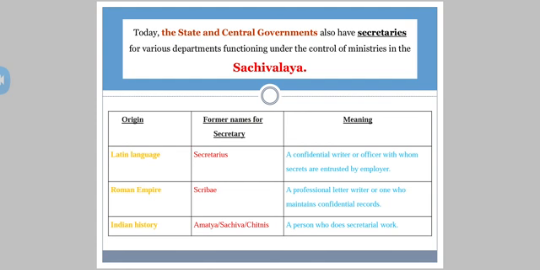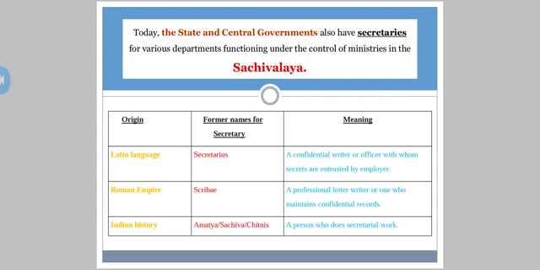Now see here, there is a table given here which is a brief and clear-cut presentation of what we have seen. In the Latin language, the other name for secretary is secretarius, which means a confidential writer or officer with whom secrets are entrusted by the employer.